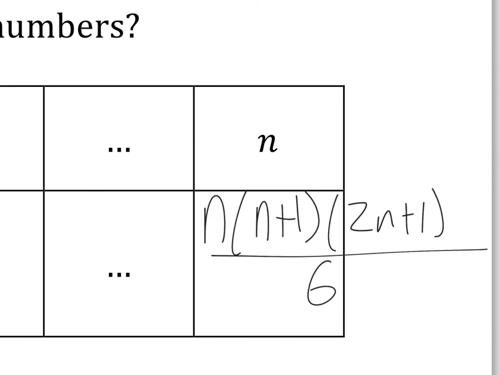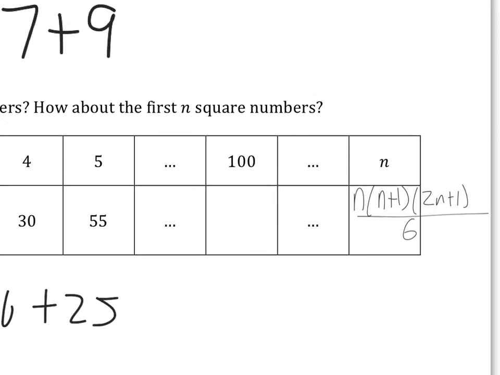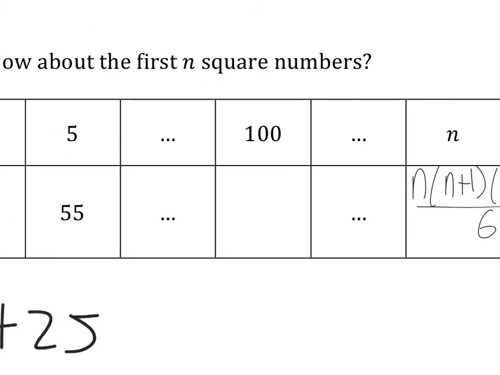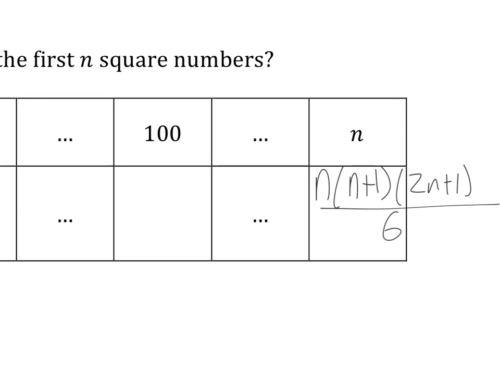All right? So, well, you can investigate that and see if you can prove that there. But that's a formula we'll want to use often. So that ends up being 100 times 101 times 2n plus 1. That's going to be 201, all over 6.